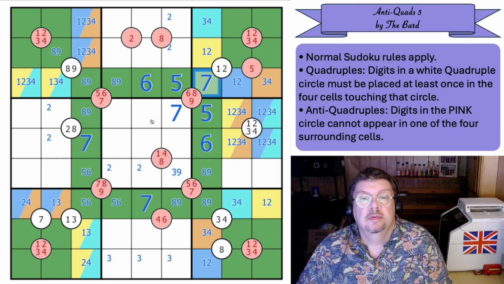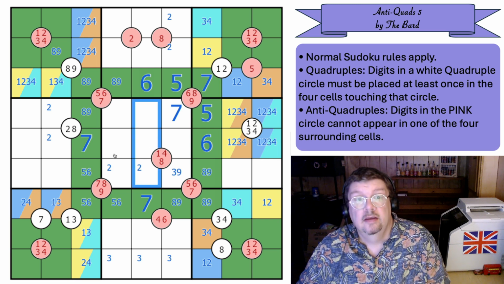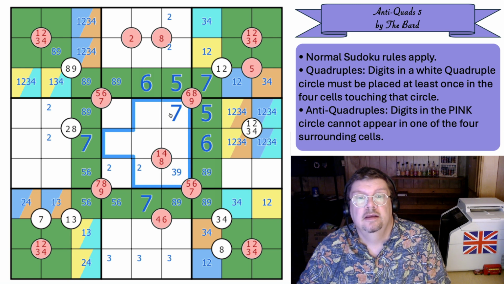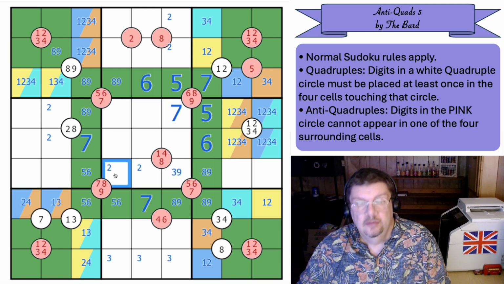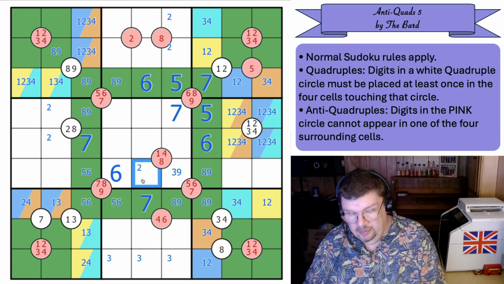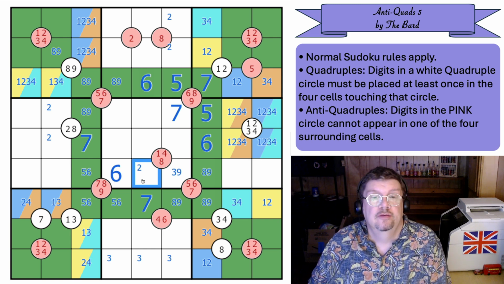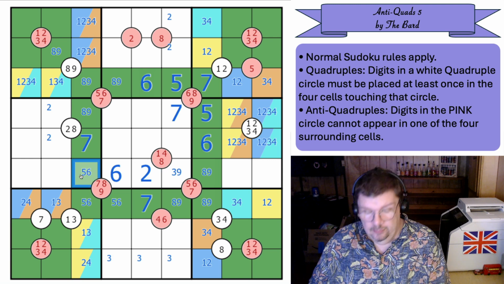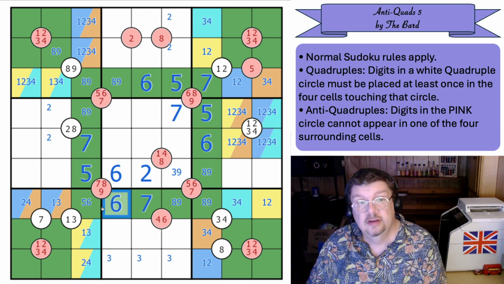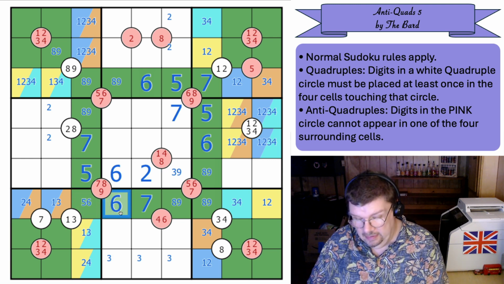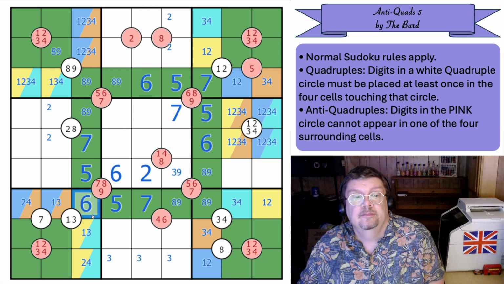And now 6 does not go there or there by Sudoku, and it doesn't go here, here, here by anti-quad. So 6 goes here. That displaces the only one of 2 potentials, so that must be a 2 here. That 6 makes this 5 and this 6, and 5, and makes this 6.